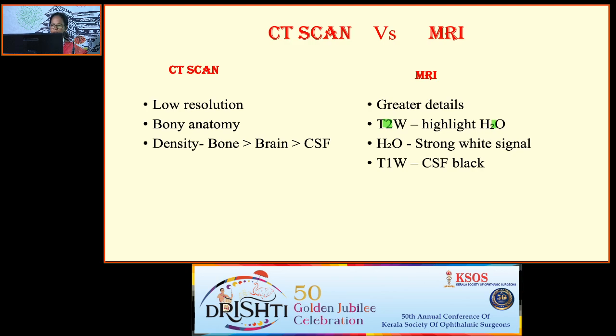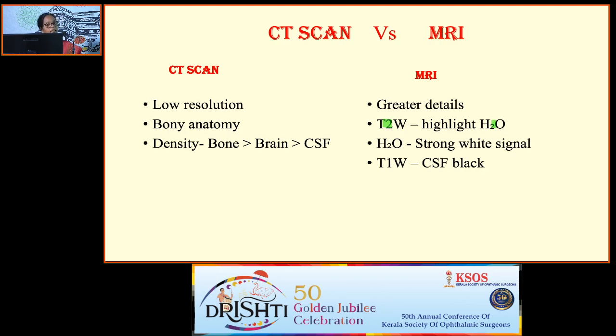T1 weighted and T2 weighted MRI are there. You can remember T2 by water, which is strong: you can see water as a strong white signal. So both T2 as well as water, H2O, have 2.